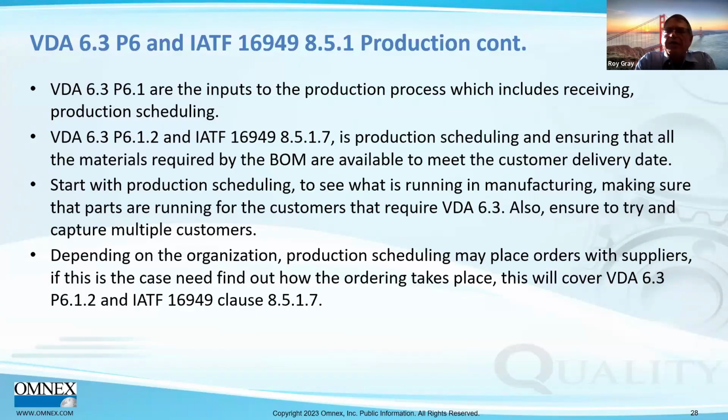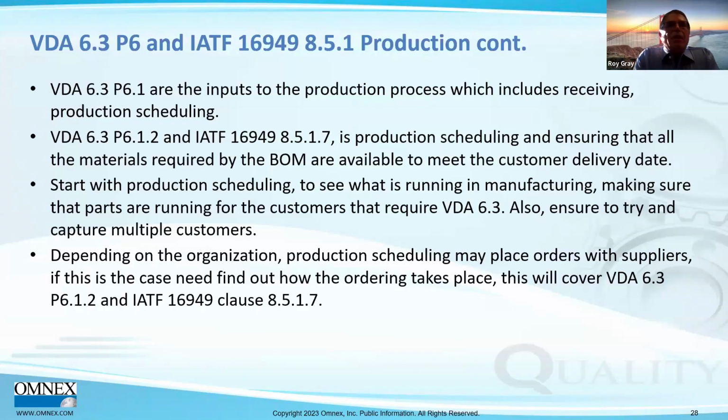6.1.2 of VDA 6.3 and IATF 8.5.1, having production scheduling, ensuring that we have all the materials required for the BOM available and ready to meet the customer delivery date.